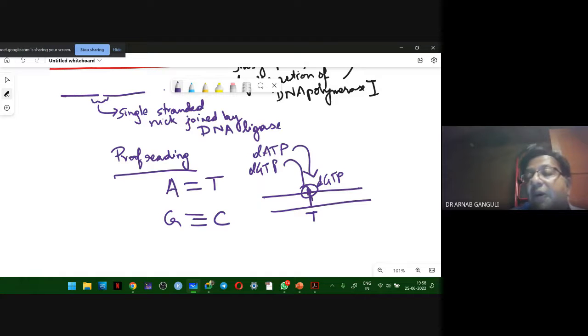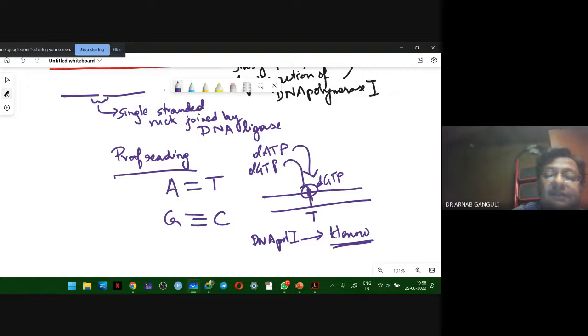This DNA pol 1, some people call it Klenow also. This proofreading, it will come and remove the false nucleotide.